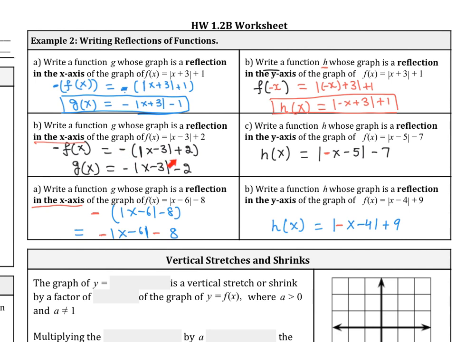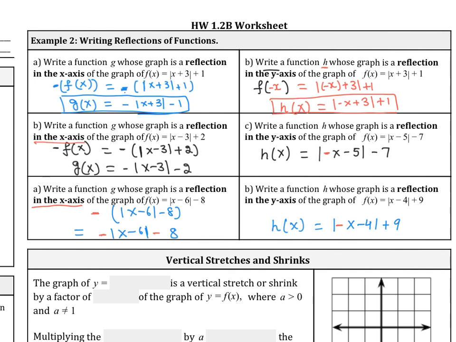Distribute the negative inside, and you get negative absolute value of x - 3, minus 2. When we multiply the function by the negative, we get a new graph g(x) that is a reflection of the old graph f(x).